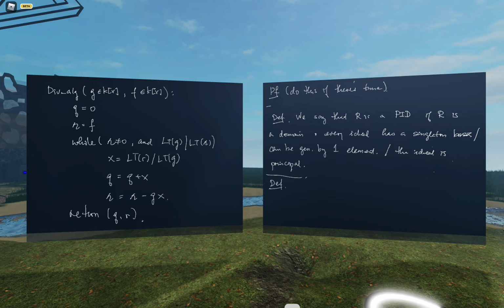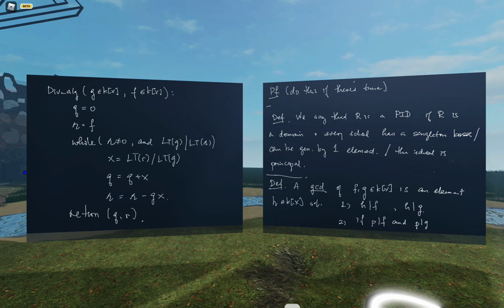The GCD, which stands for greatest common divisor, of f and g in K[x] is an element or polynomial h in K[x] such that 1, h has to divide f and h has to divide g, and 2, if p divides f and p divides g, then p divides h.